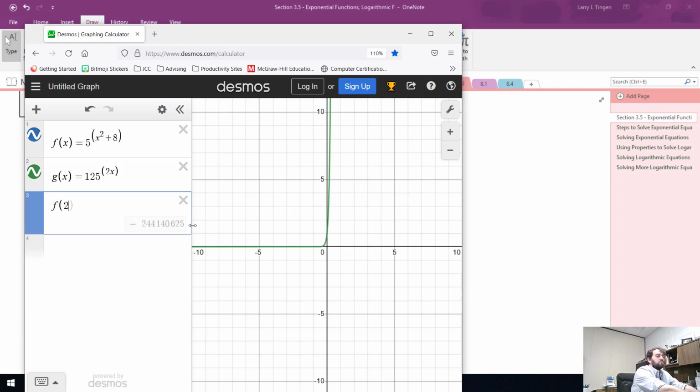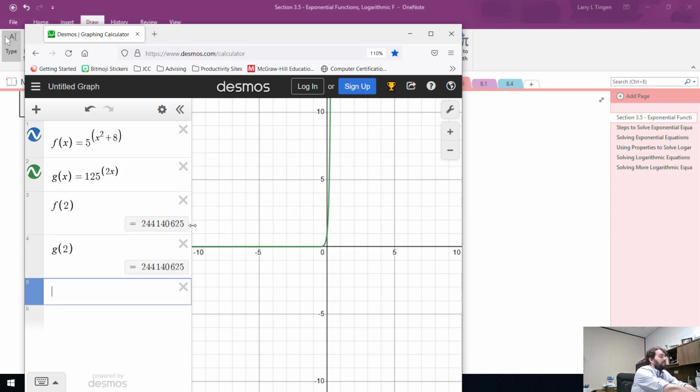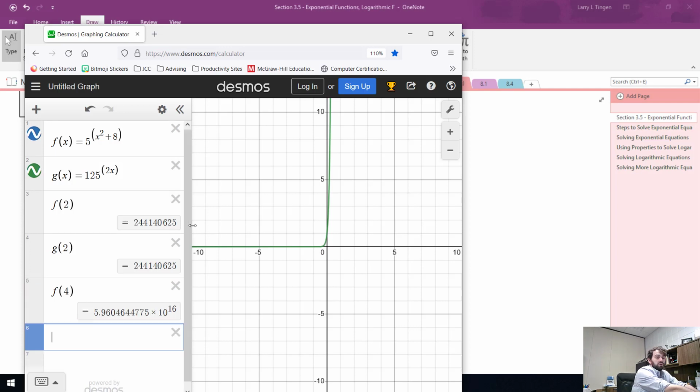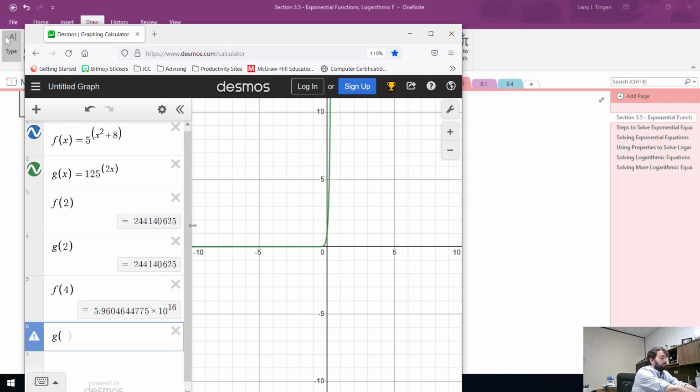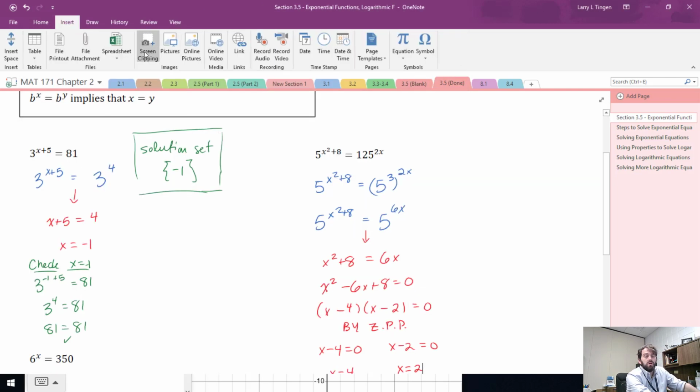So my two solutions were 2. I'm going to plug it into the left-hand side, plug it into the right-hand side. They match. And then the other possible solution was 4. And they both do.